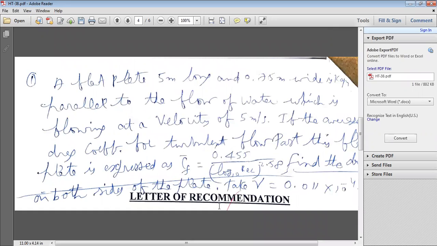Now we'll solve one or two problems on this turbulent flow.